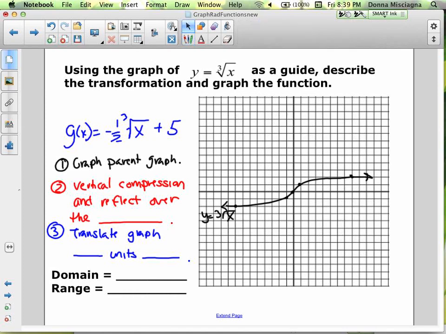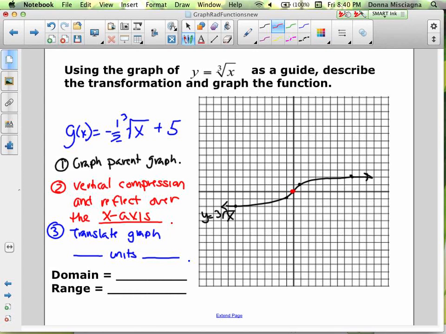I'll write in red to match the words. Vertical compression and reflection over the x-axis, because the negative is in front, not under the radical. So we're going to multiply our y values by -1/2. This one won't change.